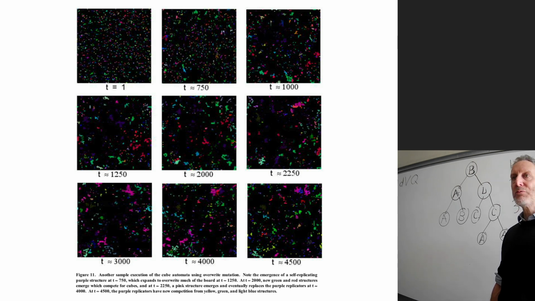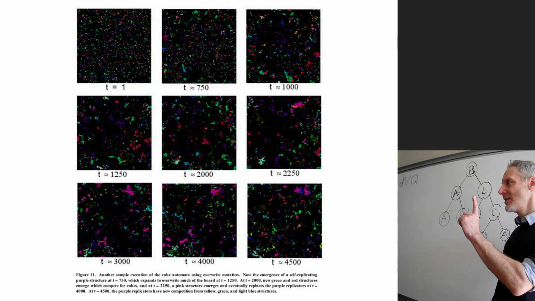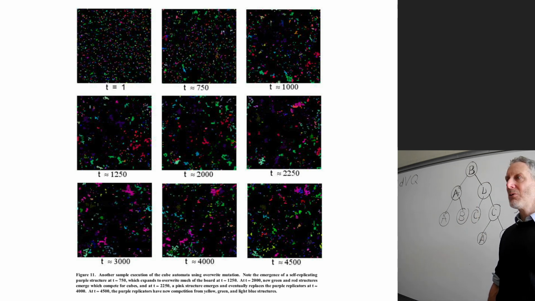Over these 4,500 time steps of a single simulation, now what's happening? What does it mean for there to be multiple sets? Within each set, there's a bunch of disconnected blobs that all have the same color.